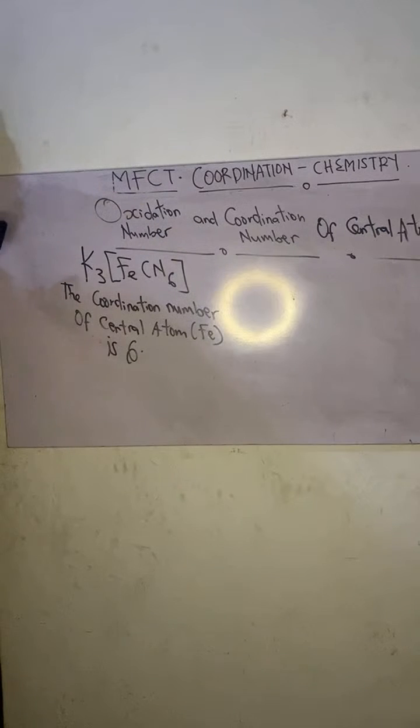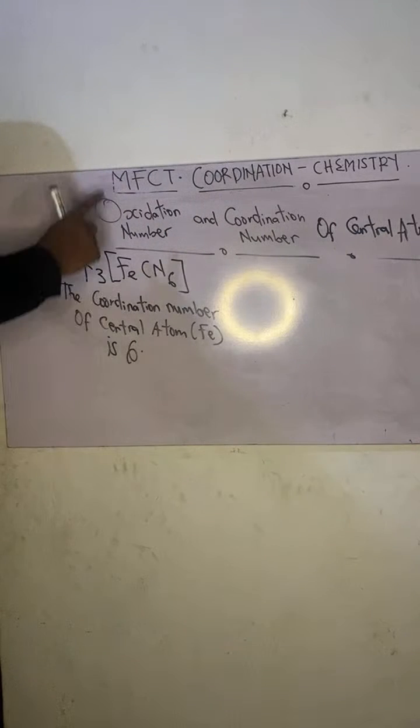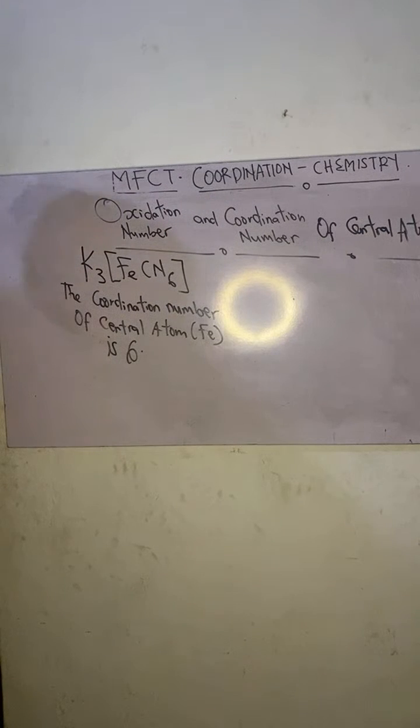Now, you all know that whenever you want to look for the oxidation number of a particular element, you have to add the oxidation numbers of all the elements together and equate it to the charge the compound carries. Do you get that? The only addition to the oxidation number of the coordination compound is that you are to represent the oxidation number of a neutral ligand as 0.